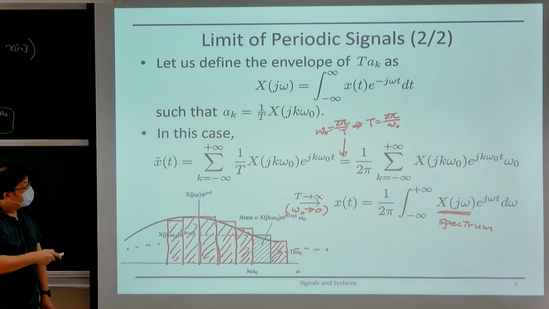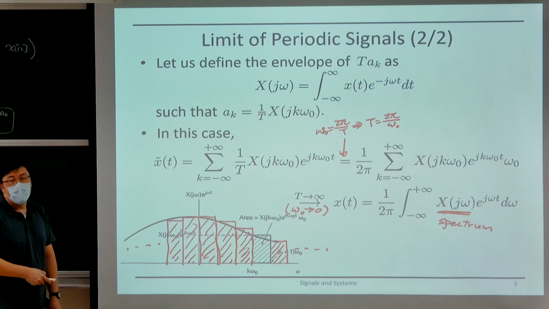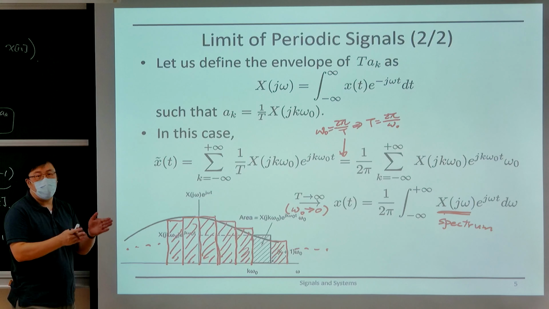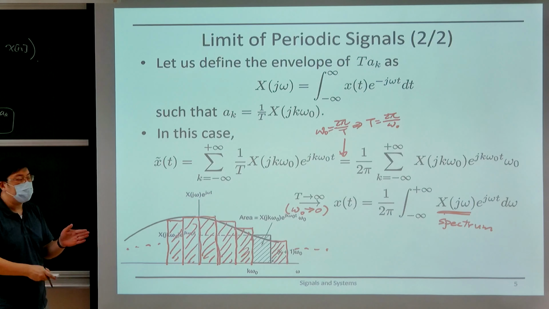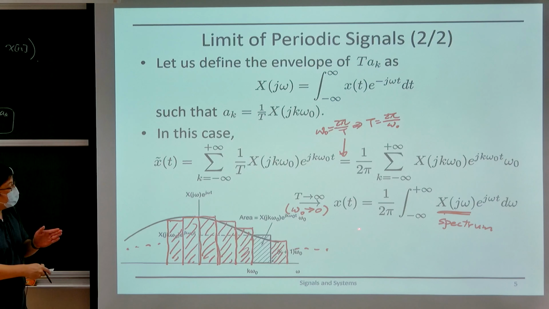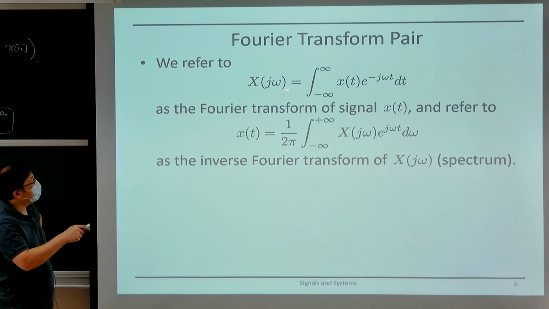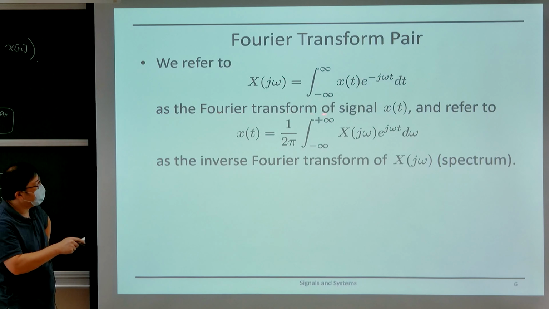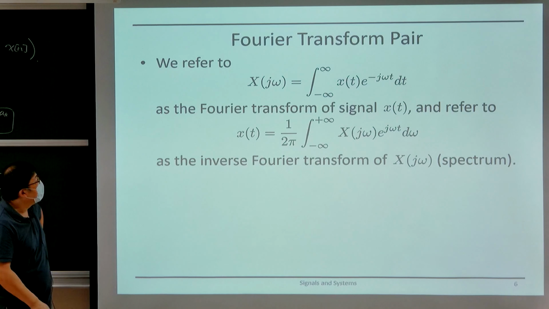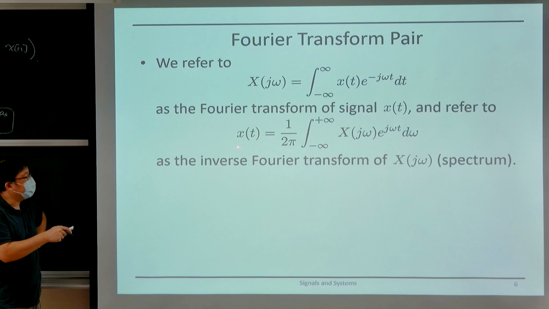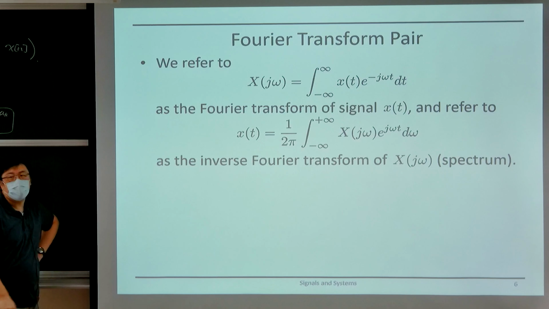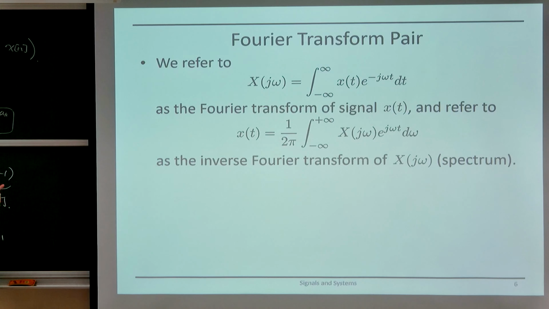So these two expressions form what we call a Fourier transform pair, because given one, you can always compute the other. So we refer to this capital X as the Fourier transform of the signal x of t, and refer to this x of t as the inverse Fourier transform of this spectrum, capital X. And these two form what we call a Fourier transform pair.